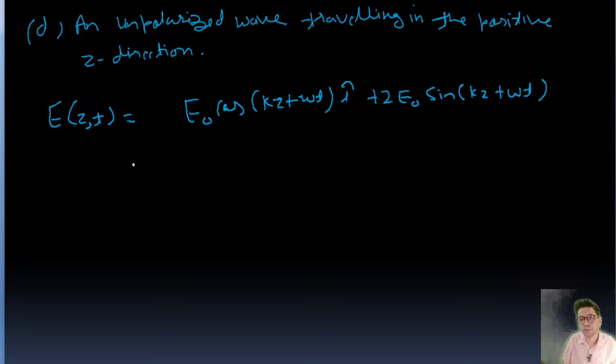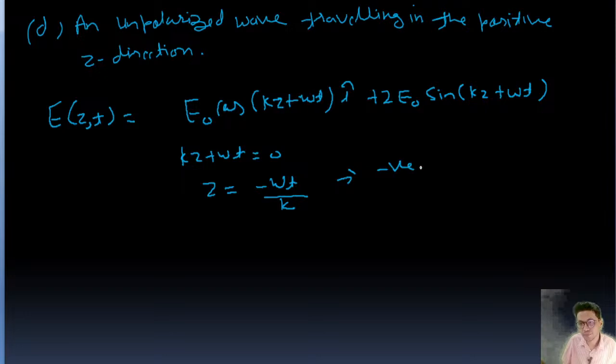So this is given. From here, we have been given kz plus omega t. We can say kz plus omega t equal to 0, so from here the value of z is going to be minus omega t upon k. So this shows the direction of the wave is the negative z direction.